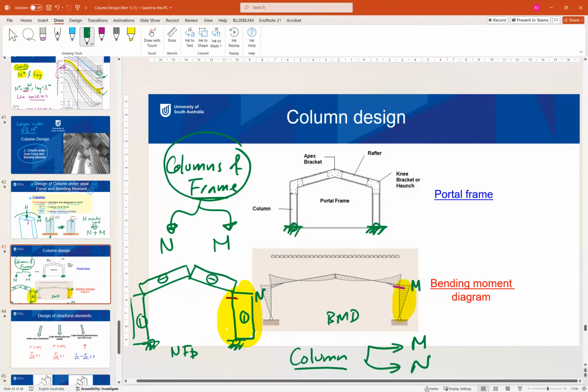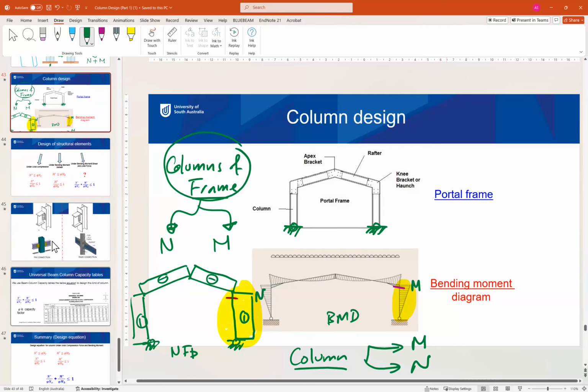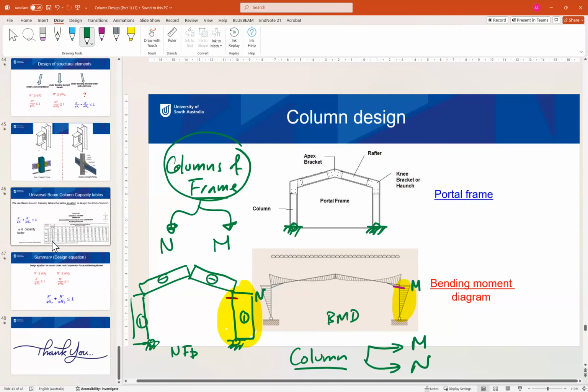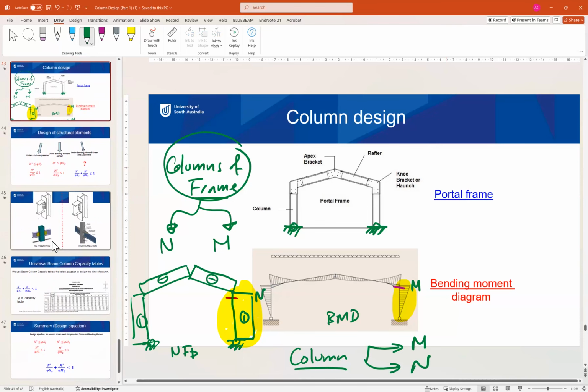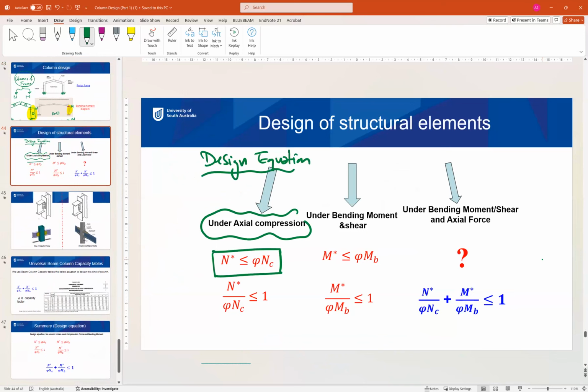So when you design, you need to consider both together. If we refer back to the design equation for columns, which we just saw earlier today, we need to make sure that N* is less than phi Nc. So N* over phi Nc is less than 1.